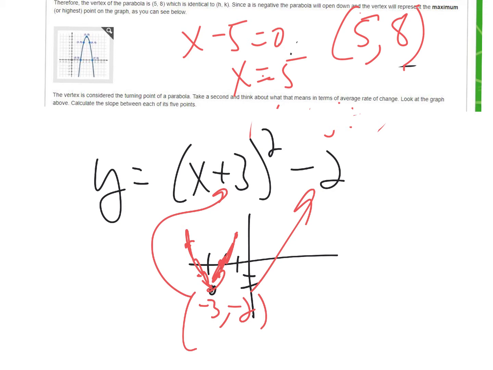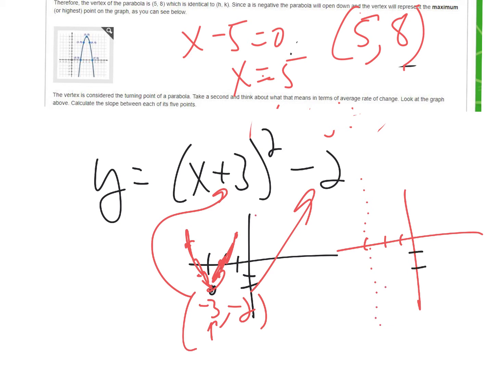Okay, so that's vertex form. The other thing they talk about when you're graphing quadratic equations is that x equals negative 3 is also called the line of symmetry. That's the place where it's the fold. If you were to put a dotted vertical line through that point for this equation, it's going to be on the vertex.